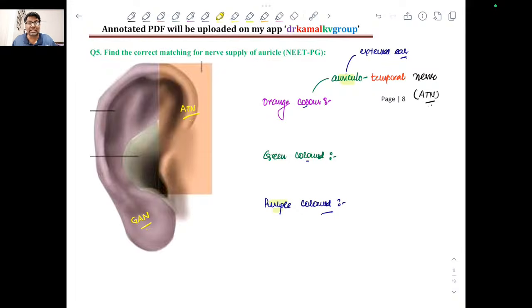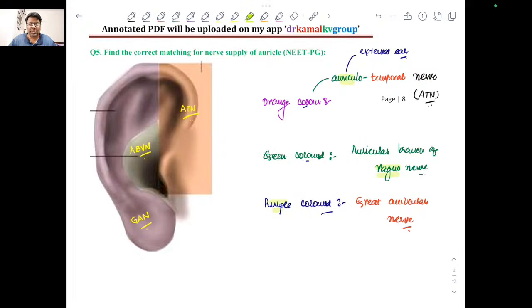Okay, so this is great auricular nerve. Now what in the green area? This is auricular branch of vagus nerve. Right? So what is this green area? This is auricular branch of vagus nerve.